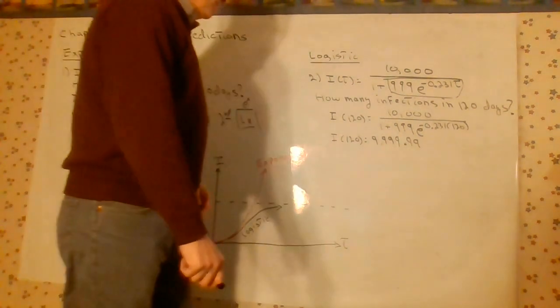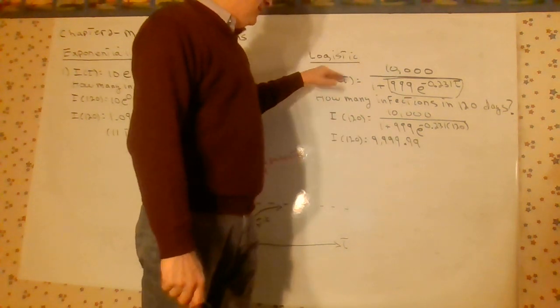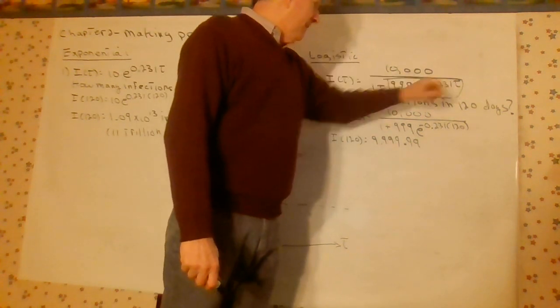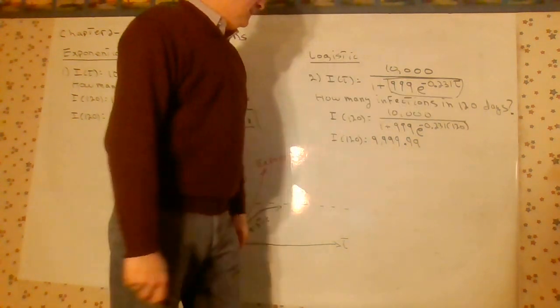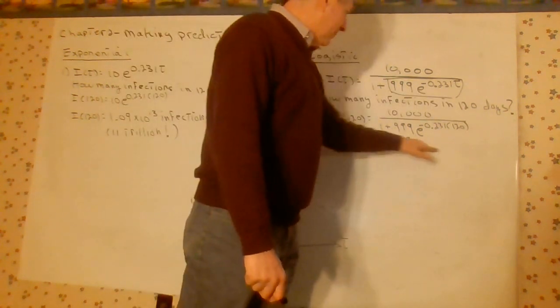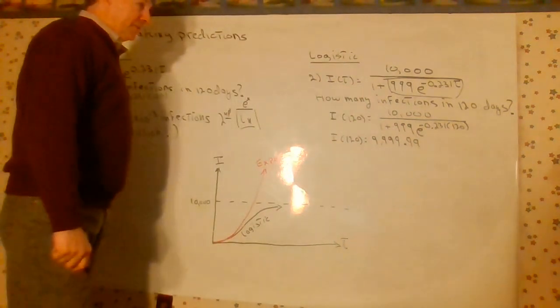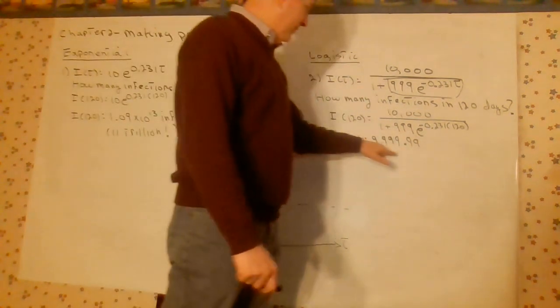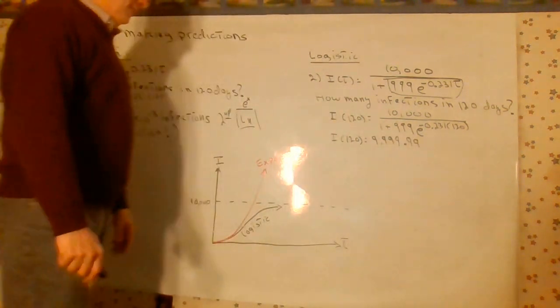Same thing over here. If you plug in 9999.99 in here for I and solve for t, you should get about 120 days. Although you have to keep a lot of significant figures here, it's easy for these days to wash out if you drop too many sig figs, too many decimal places.